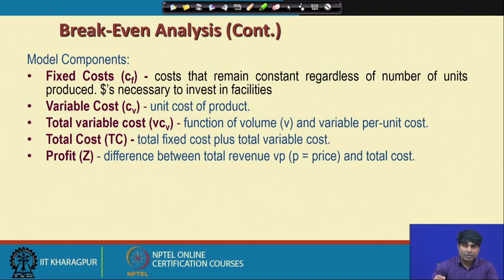The requirement is like this: you are supposed to know cost, and cost is usually divided into two parts, fixed cost and variable cost. The sum of fixed cost and variable cost gives you the total cost. Profit is the difference between total revenue and total cost, and total revenue is price into sales quantity.